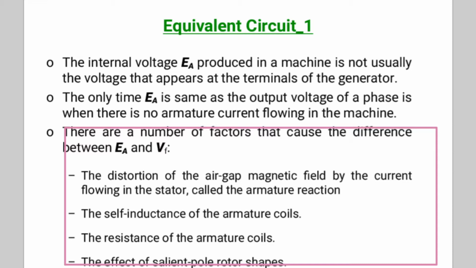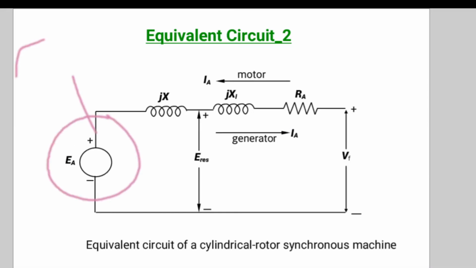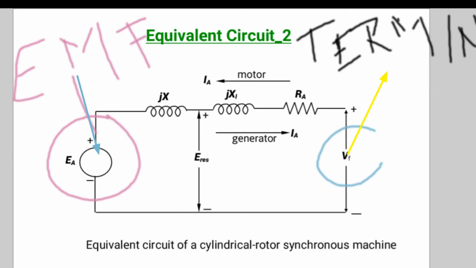Distortion of the air gap magnetic field due to current flowing in the stator, called armature reaction. 2. Self-inductance of armature coils. 3. Resistance of armature coils. 4. Effect of salient pole rotor shapes is ignored as machines have cylindrical rotors.